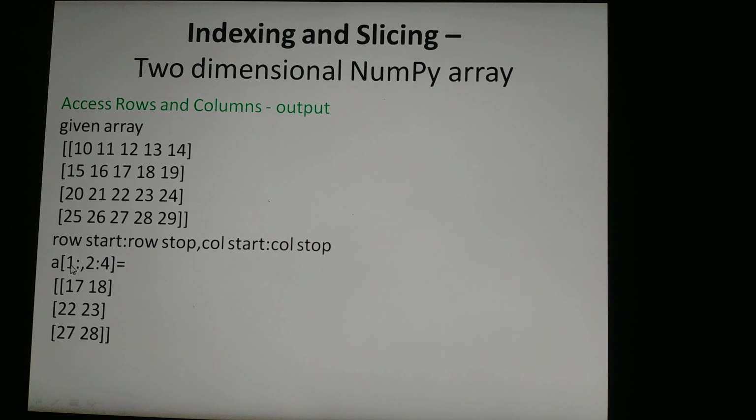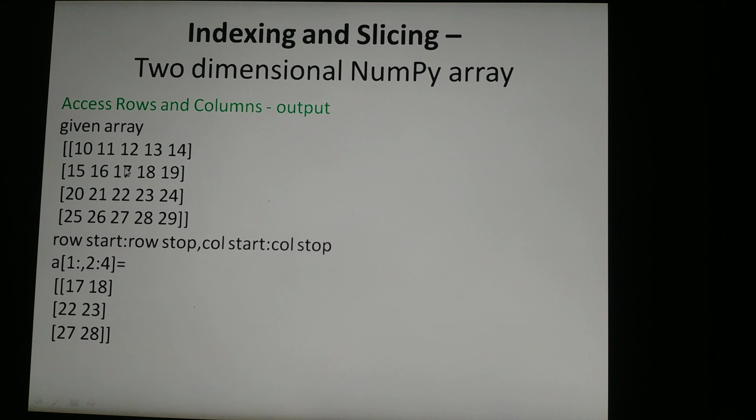So now if I take 1, so this is my 0 row, I should not take this. This is my first row, so I should take this till the end. And my column numbers is from 2 to 4, that means at 4 it is 4 minus 1, which is 3. So this is 0, 1, 2 is this one, and 3 is this column.